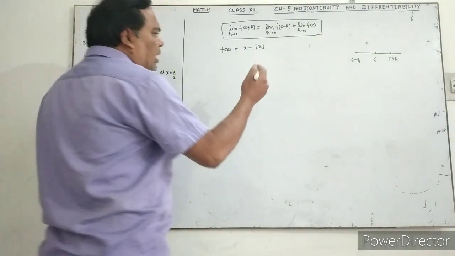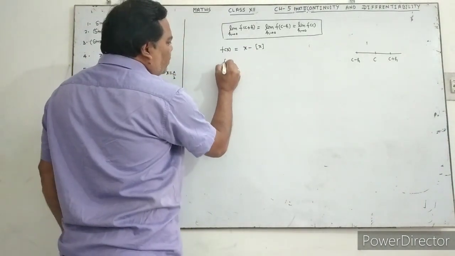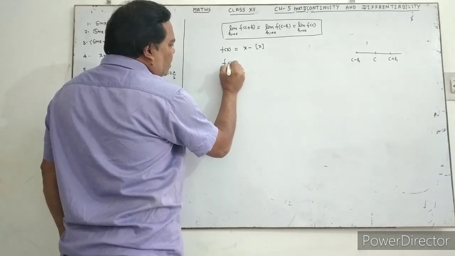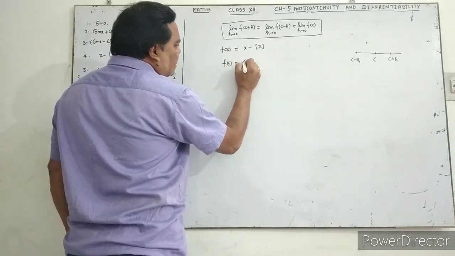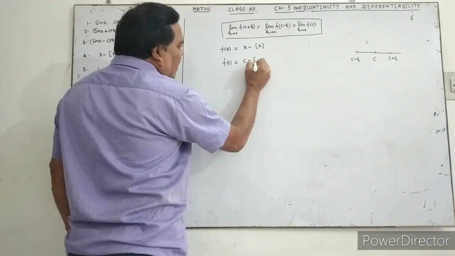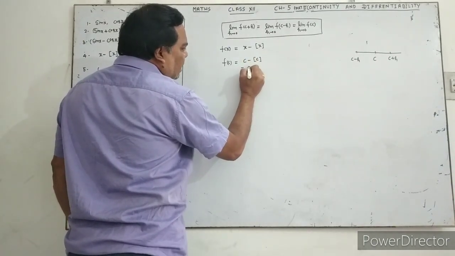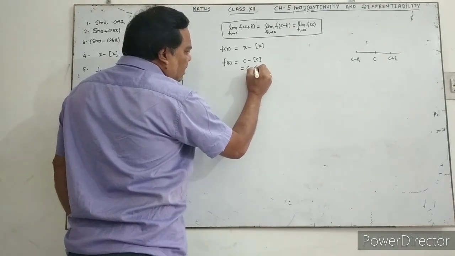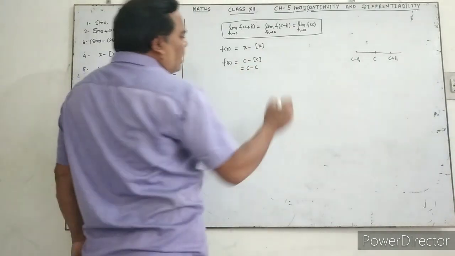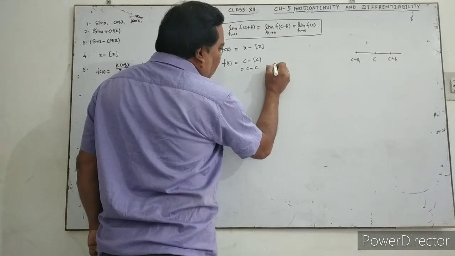Now, first we will check at the point c, f(c). This is c minus the greatest integer of c. When c is an integer, then this is c minus c. Then c minus c is 0.